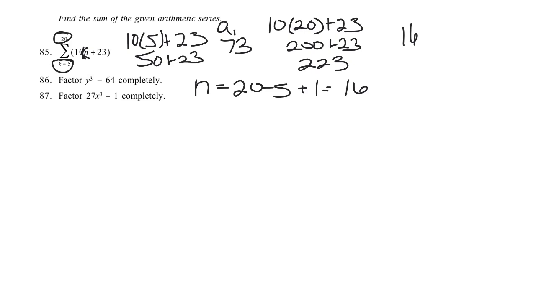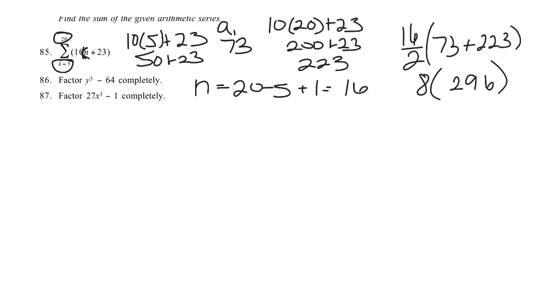So it's 16 over 2, N over 2, times A1, 73, plus AN, 223. So 8 times 296 is 2368. So that's the sum of the 16 terms.